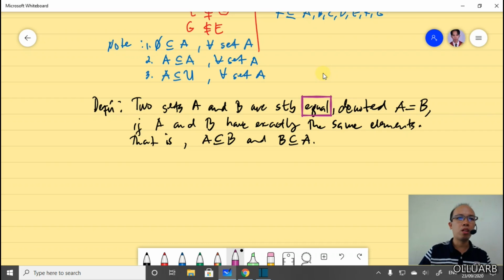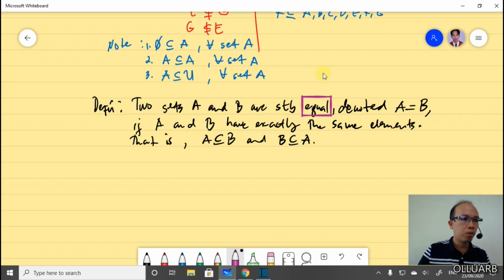When you say equal, which is denoted by this symbol, A and B have exactly the same elements. That's very easy to understand. Let's not have an example here because, as you know, that definition is clearly understandable.